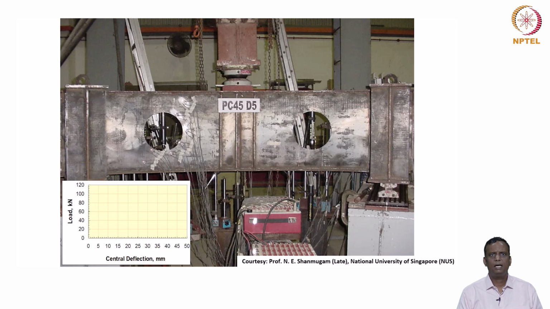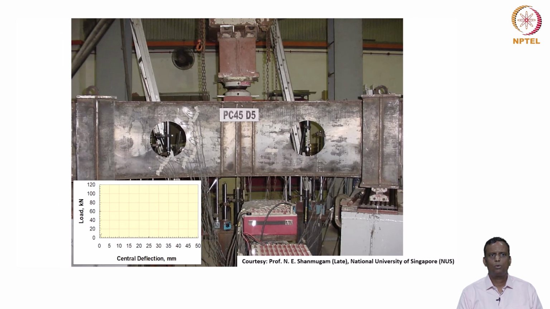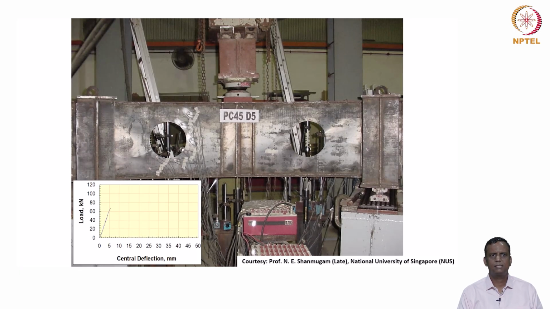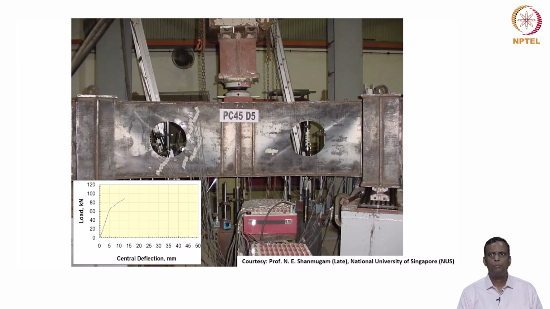And you can see that when you apply the load, the displacement plot is slowly increasing with the increase in load. And for a while there are no changes in the plate girder, but once it reaches say 60 to 70 kilonewton, you can see that there is a visible decrease in the stiffness, and there is a load drop, and there is a formation of tension band both at the left side of the girder as well as the right panel.